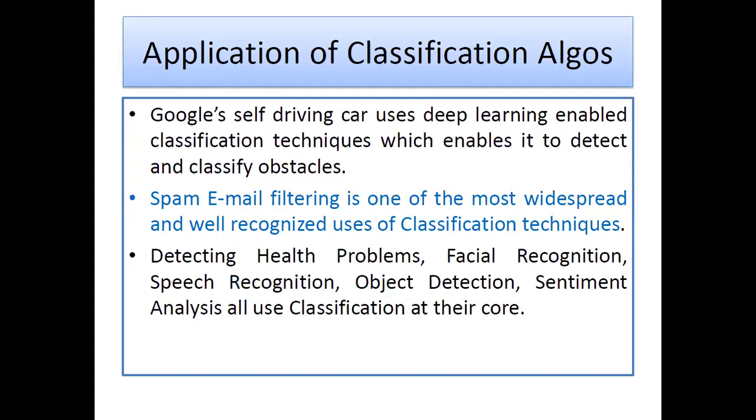Detecting health problems, facial recognition, speech recognition, object detection, and sentiment analysis are also areas of classification. Just taking one terminology randomly, sentiment analysis. You have a collection of Twitter handles, and you can collect these as text data.